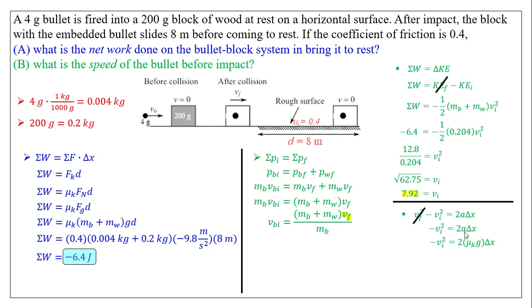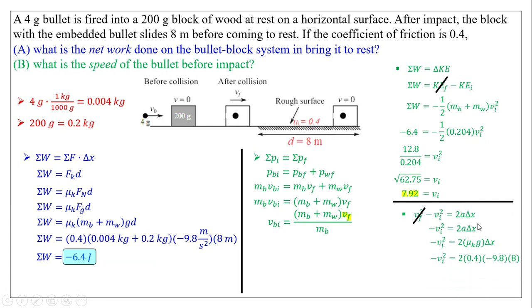But then F of K, you can break up into mu K F of N, and then you can break up Fn into F of G, which is just mg. So really, you have mu K times m times g equals ma. The masses will cancel on both sides, and it leaves you with A is just equal to mu K times g. So if you need to listen to that again, and then hopefully write on your paper to prove that for this problem, A is just mu K times g. Okay, I didn't do it here because I'm running out of space.